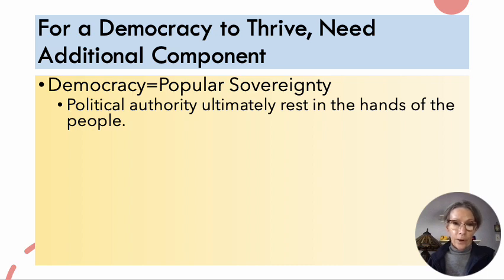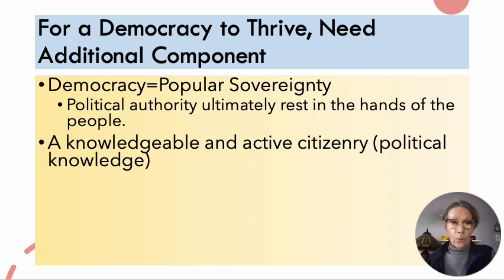Popular sovereignty defined means that the political authority ultimately rests in the hands of the people. And so we put a lot of trust in our people in a democracy. And you can kind of see why it's maybe not the most popular form of government, right? Because it's easy to see people as flawed, and it's hard to trust people to have that kind of authority.